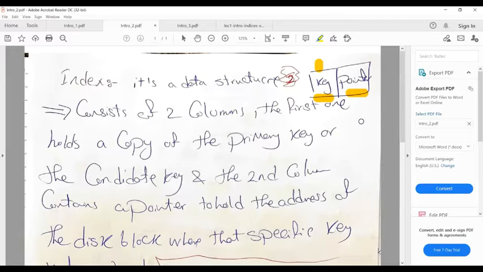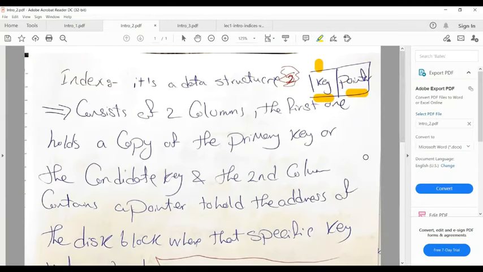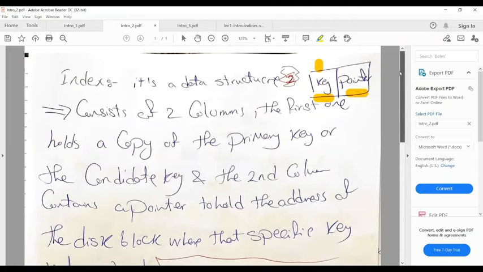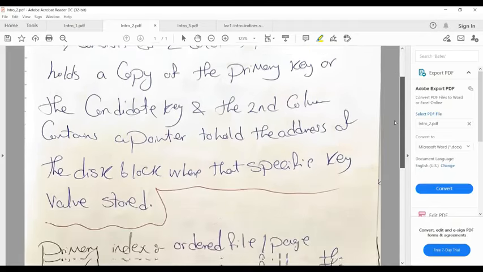Okay, so now we know the structure of the index, and we know that it makes fetching from the DB much faster, so it improves the performance.